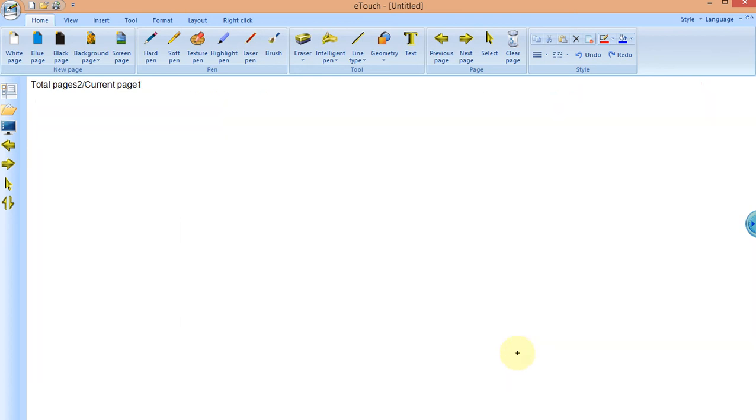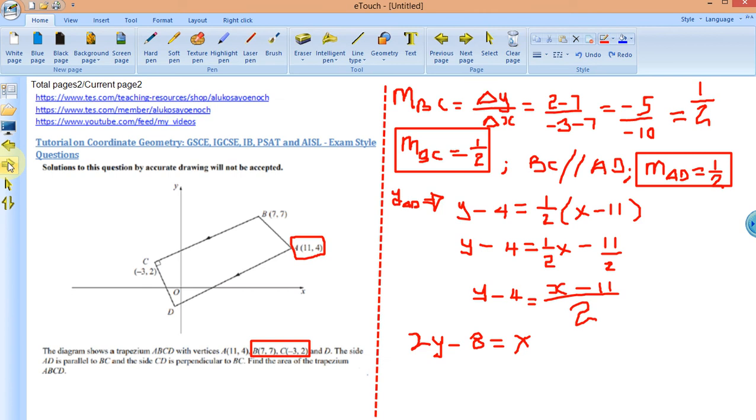I want all the variables on the left hand side and all the numbers on the right hand side. So this will be 2y minus x, and if you move minus x to the right hand side, that will be plus.